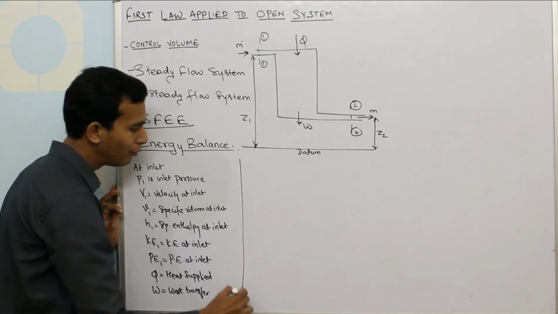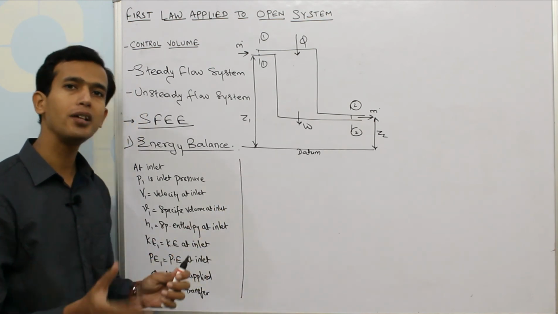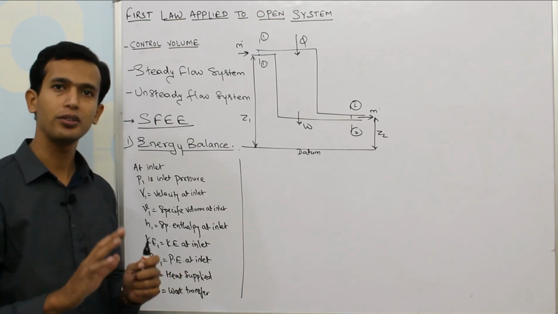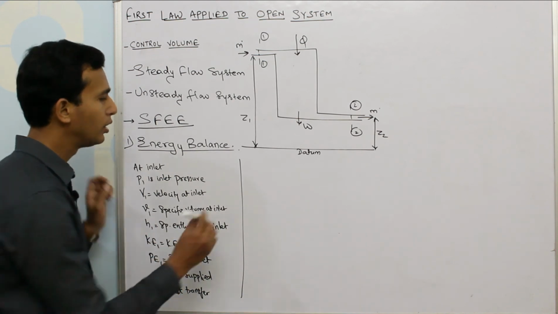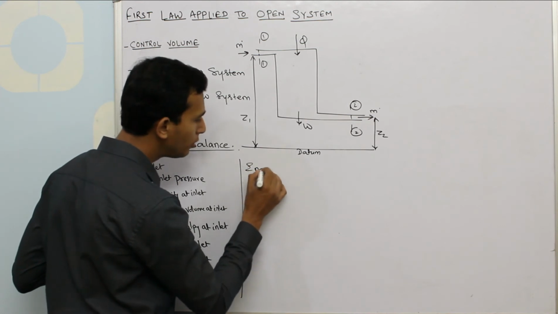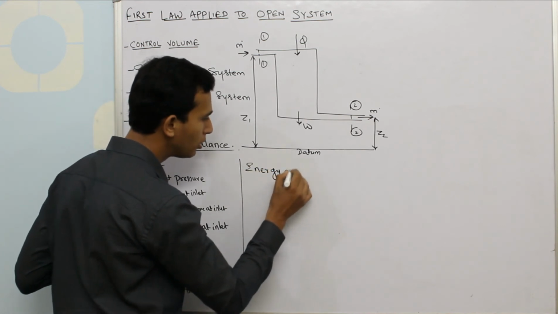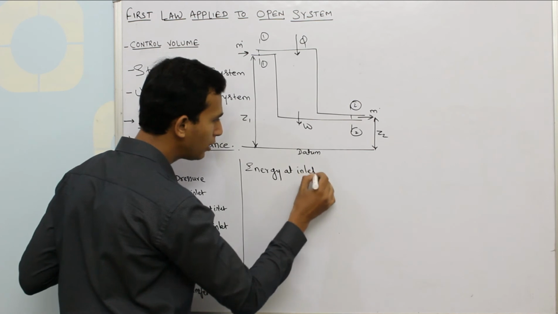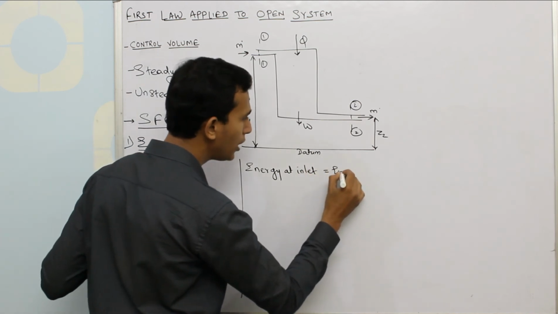So when we say steady flow system, the mass and energy flow is constant. That means energy at input or inlet is equal to energy at outlet.